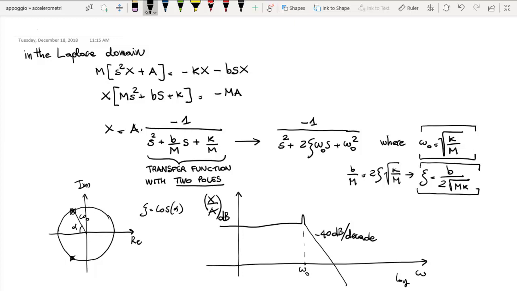This omega 0, which is the modulus of the poles, is also, from a mechanical point of view, the resonant frequency of the system mass plus spring.